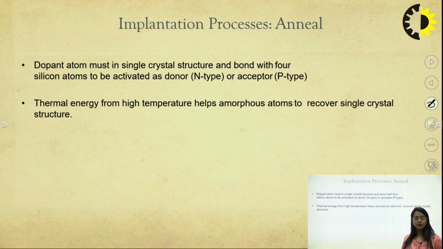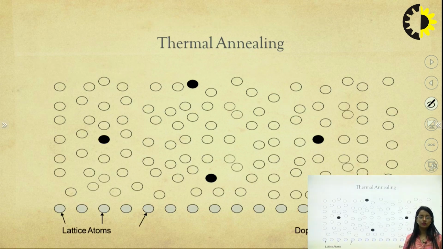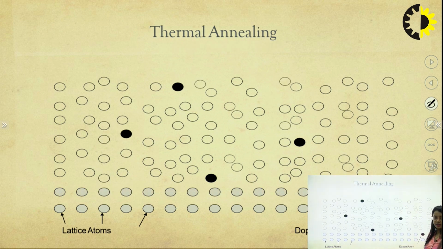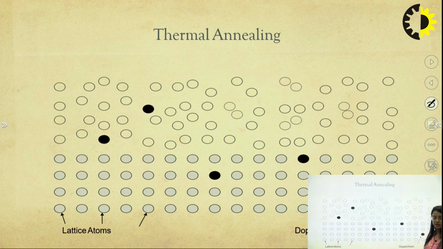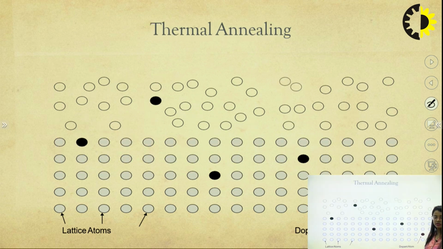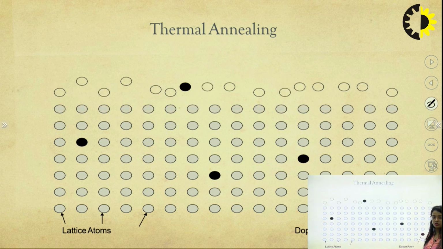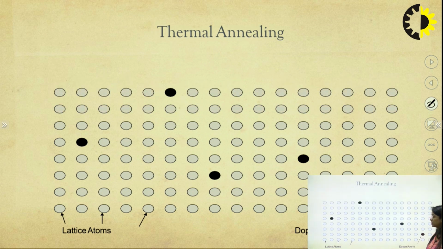Now I will try to show you the process. We can see that we have added certain dopants here, and with the help of these dopants, the overall lattice is disturbed. I will scroll through more slides quickly, and we can see how the bottom layer settles: less settled, more settled, even more settled, and the settling process goes on until the complete lattice is settled.